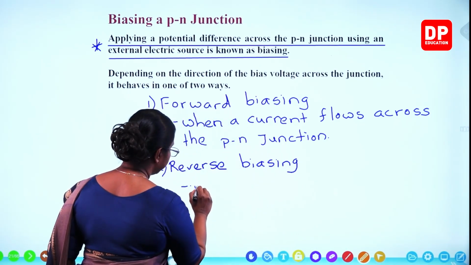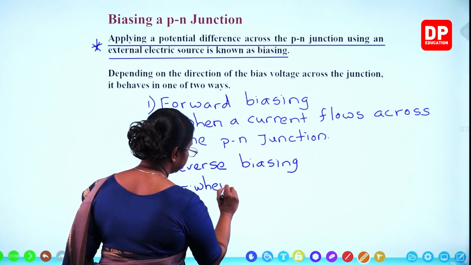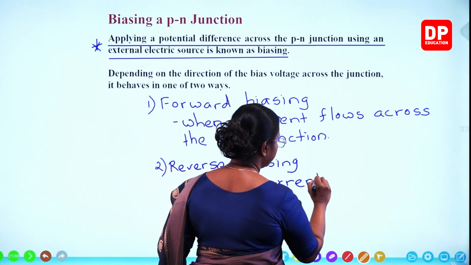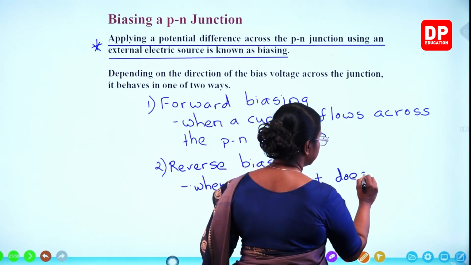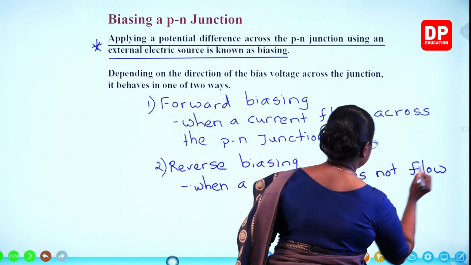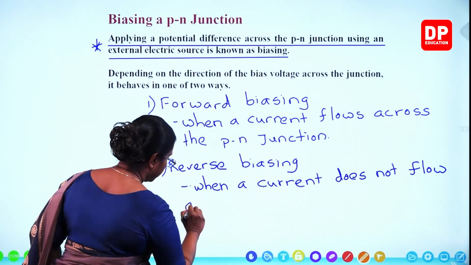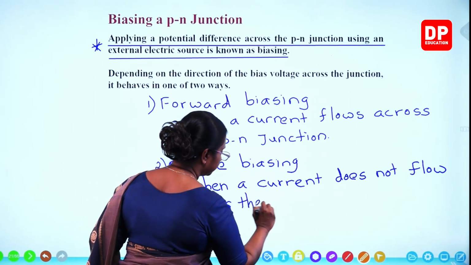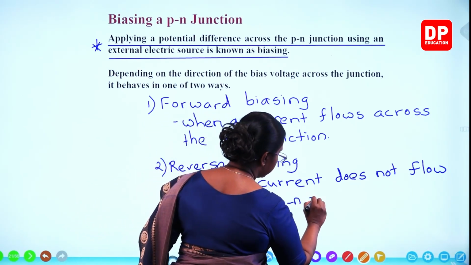That is when a current does not flow across the PN junction.